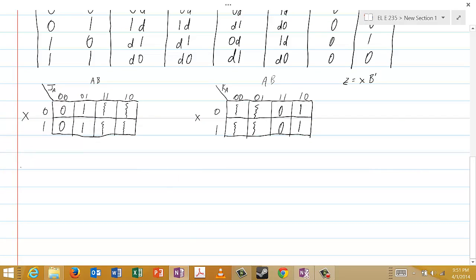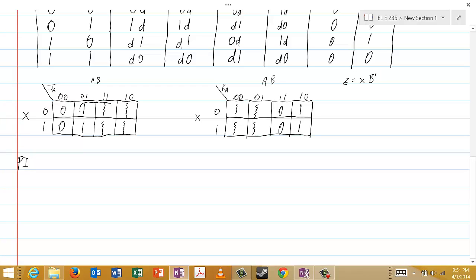So we'll look first for JA, and we'll talk about the prime implicants here. There are no rectangular groupings of 8 one-cells, but we do have some rectangular groupings of 4 one-cells.